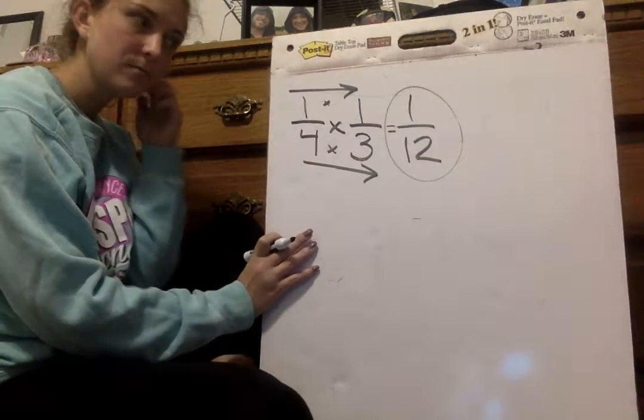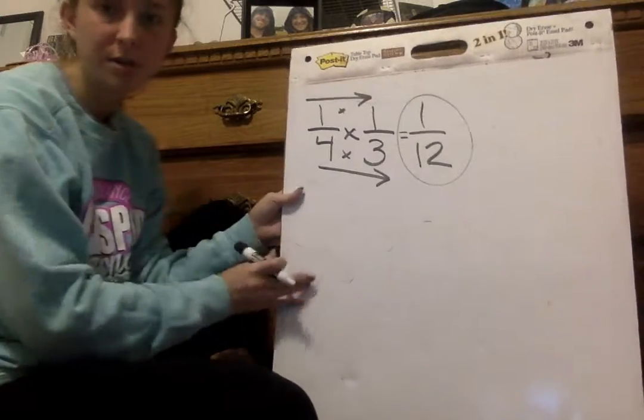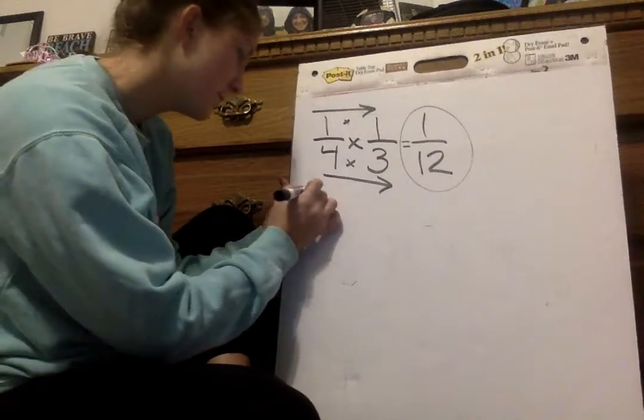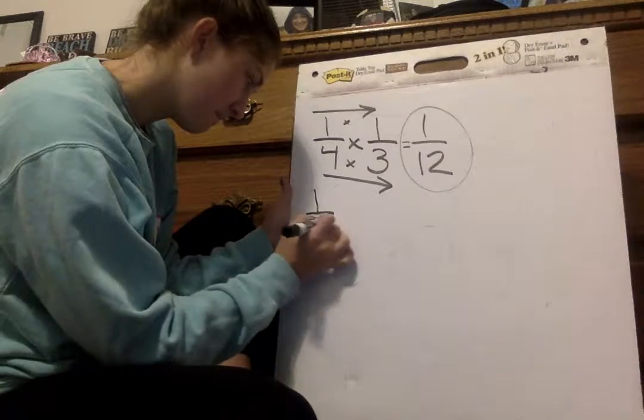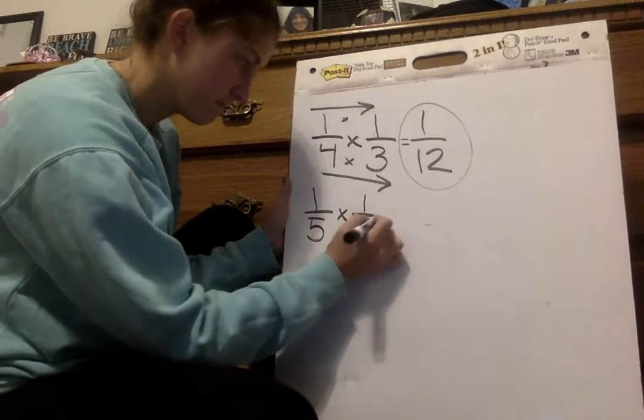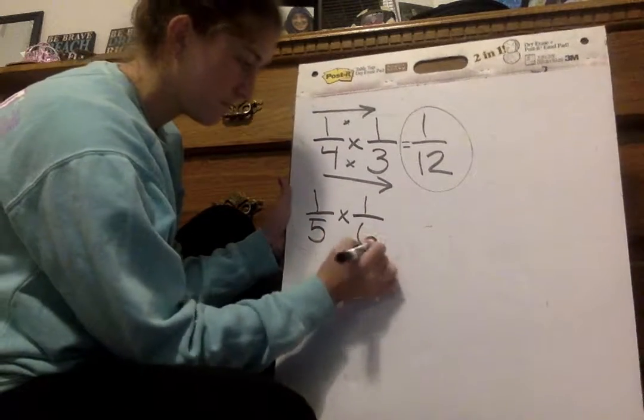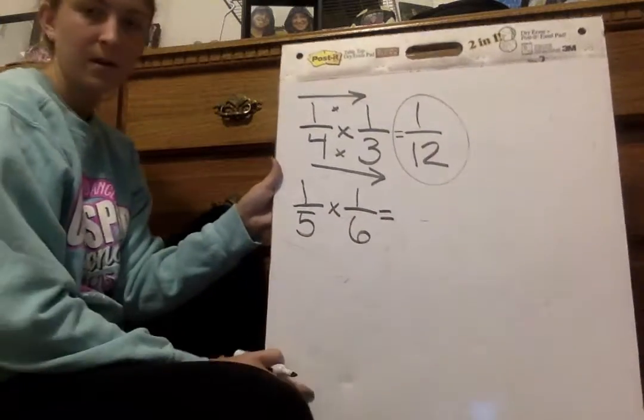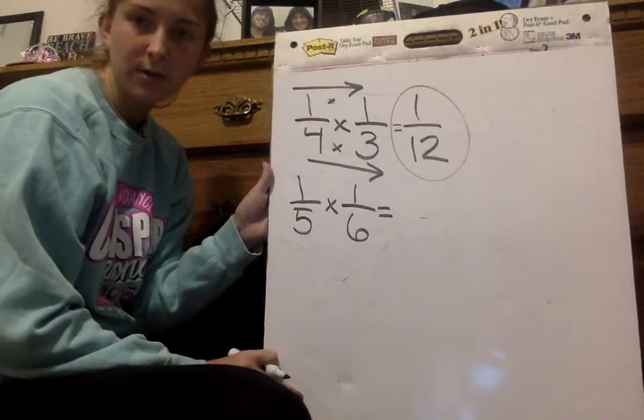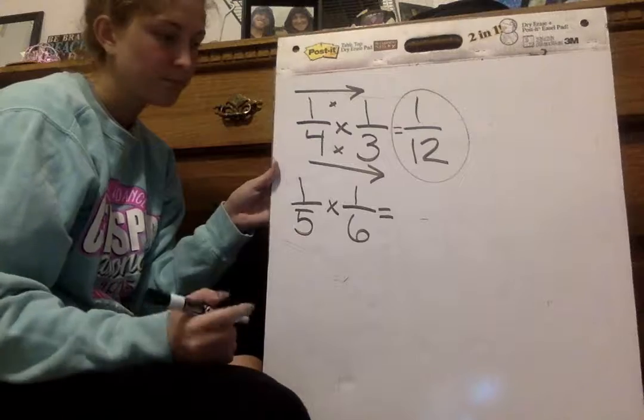Now, problem number 2. I want you guys to try this one on your own first. Go ahead now, get the problem written down, and go ahead and solve it on your own.